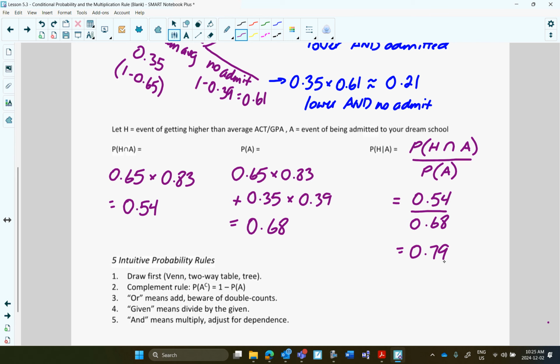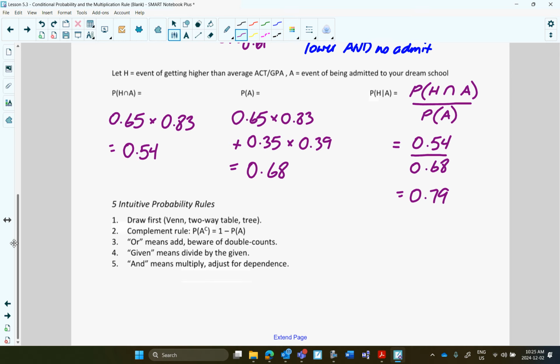It gets a little challenging to use the multiplication rule when the events are not independent. But here are some guidelines you should be familiar with when we're doing probability. You can always do a Venn diagram, a two-way table, or what we just did here.